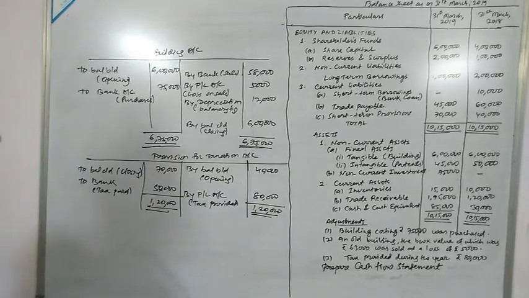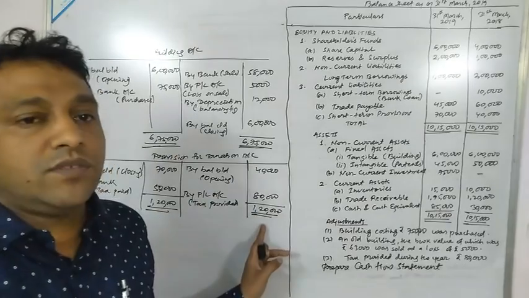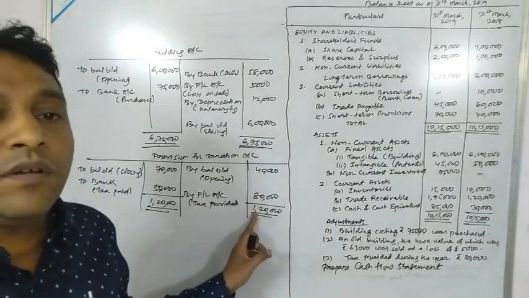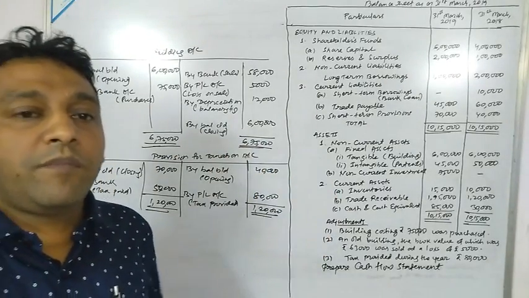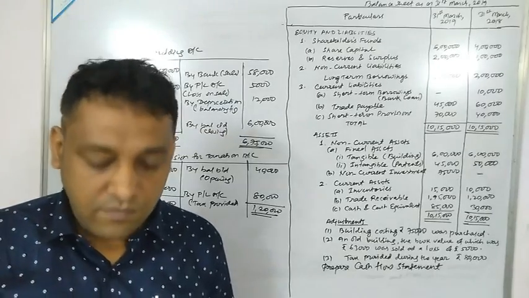This is how we are required to prepare your provision for taxation account. So first of all, we will prepare the working notes. Now the next step is to prepare the cash flow statement.